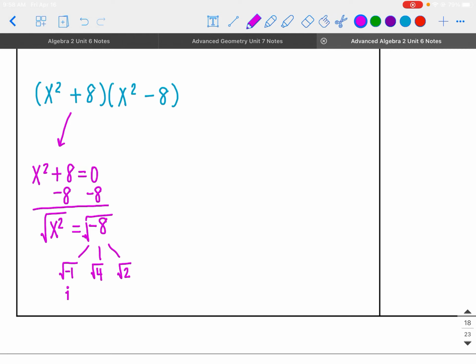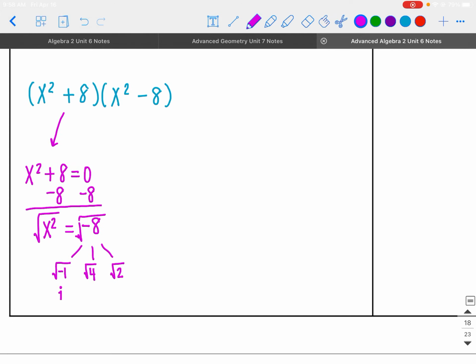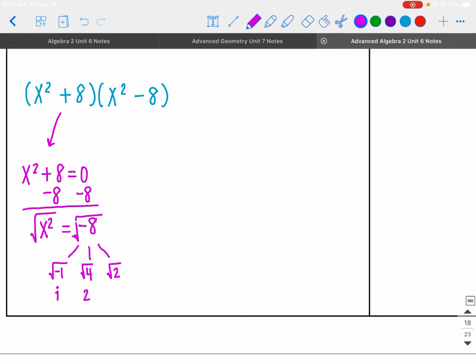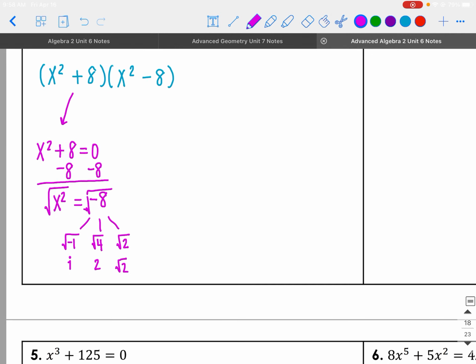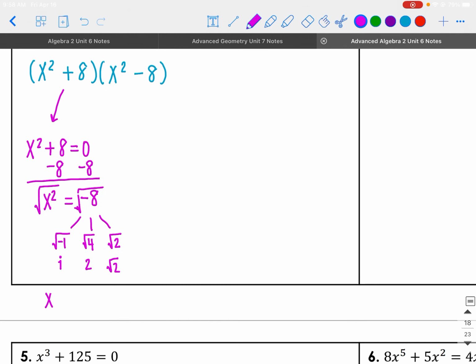It's i. What is the square root of 4? 2. And then the square root of 2 doesn't simplify. So when I put it together, x equals plus or minus 2i radical 2.